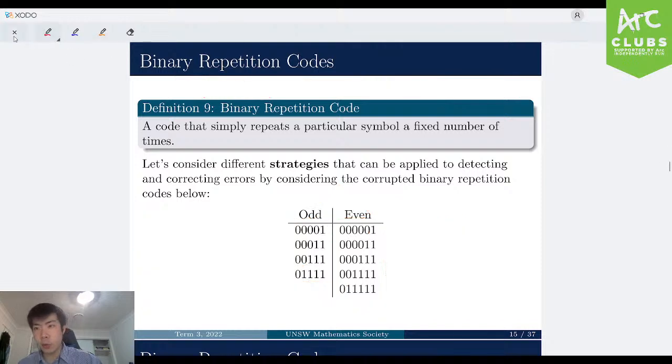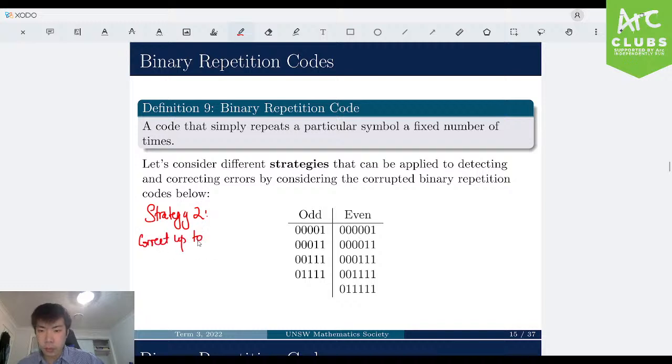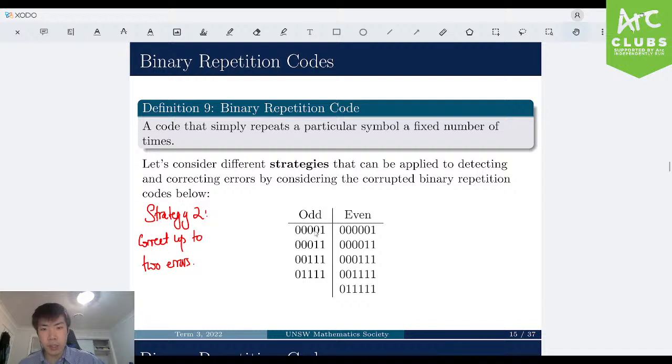All right. Let's look at strategy 2. In strategy 2, we are happy to correct up to 2 errors. So in this case, we see 0, 0, 0, 1.